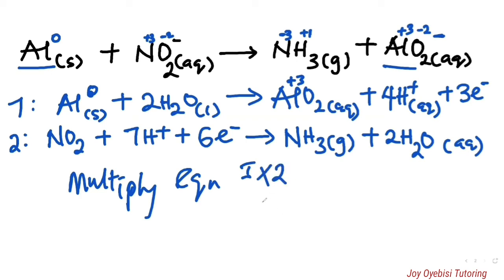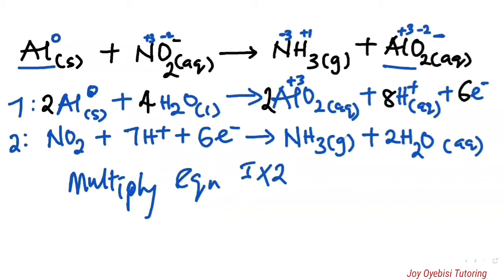So multiply equation 1 by 2. When you do that, this becomes 2. This here becomes 4. This here becomes 2. This over here would be 8. And this one here would be 6.